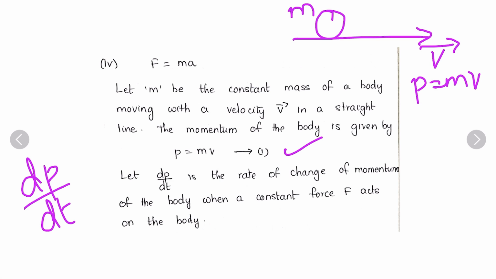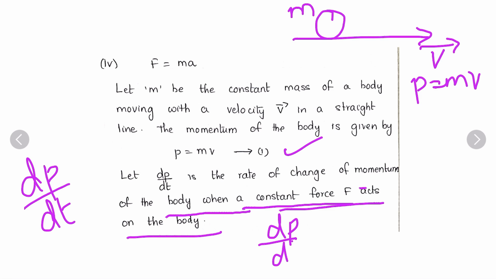Suppose on this body a constant force F is applied, then let the rate of change of momentum of the body be dp by dt.